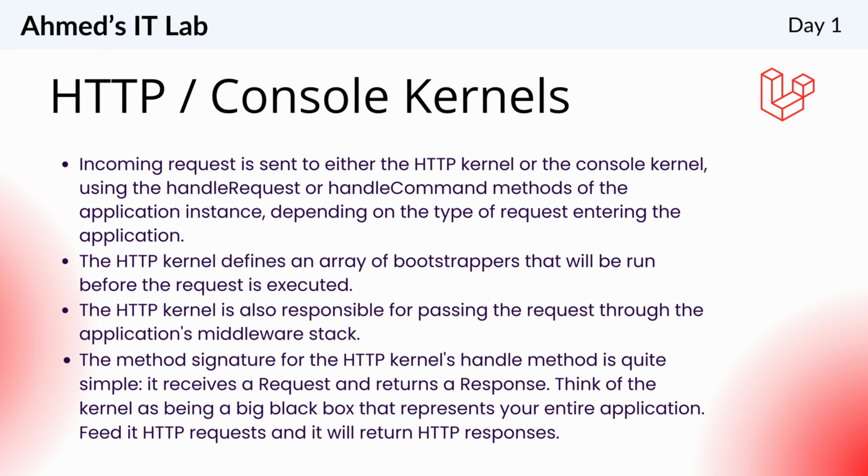The method signature for the HTTP kernel's handle method is quite simple. It receives a request and returns a response. Think of the kernel as being a big black box that represents your entire application. Feed it an HTTP request and it will return an HTTP response.